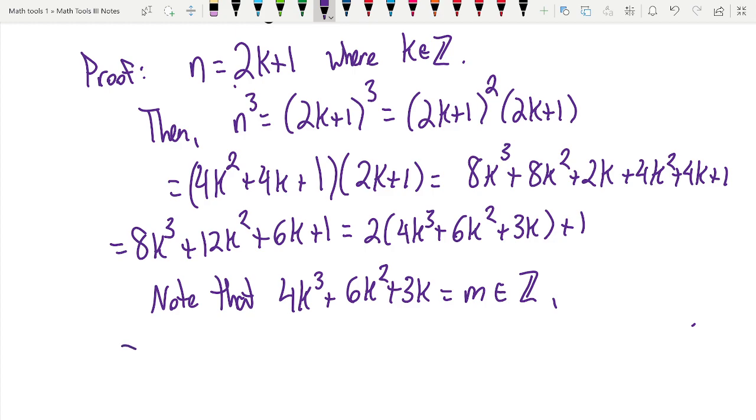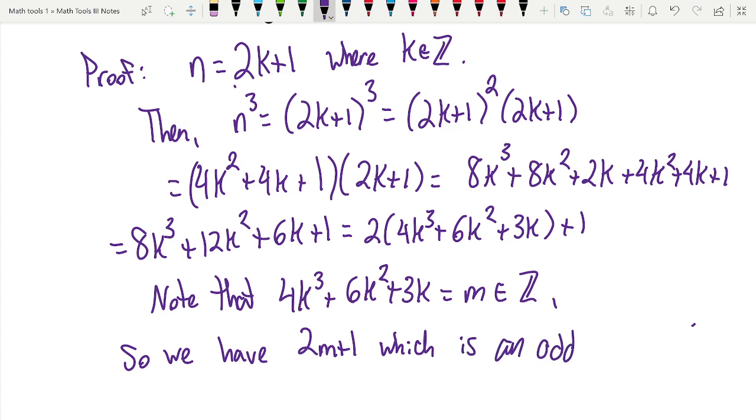Okay. So we have 2m plus 1, which is an odd integer. Okay. And then we're done. So now we've proven the original statement there.